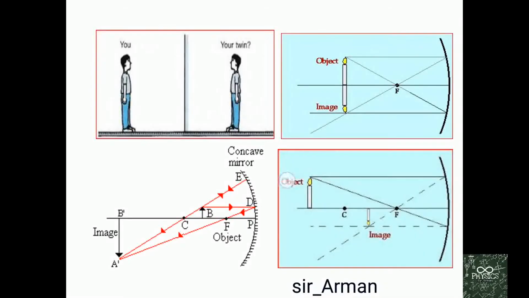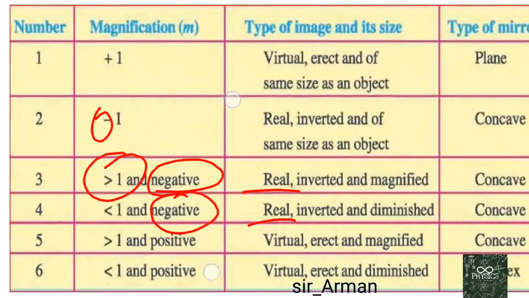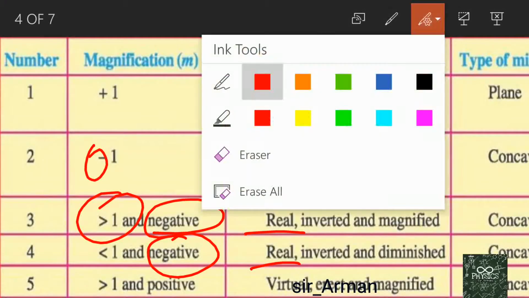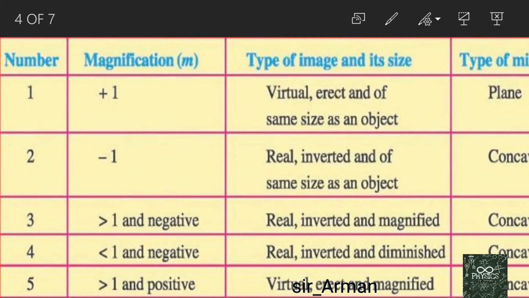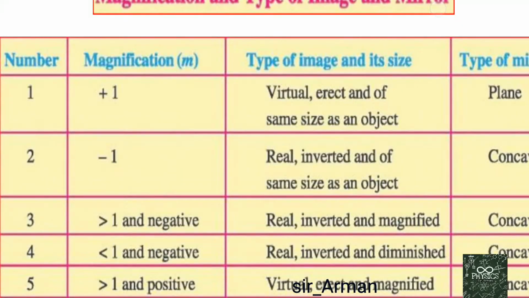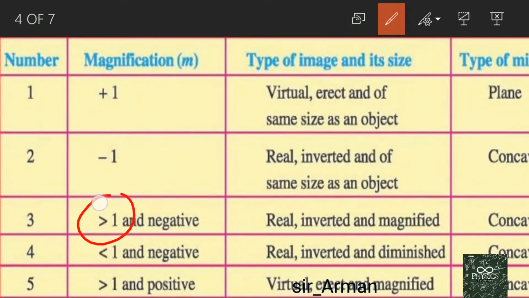It is larger than 1. See, if we ignore the negative sign, the magnification is greater than 1, right? Greater than 1 indicates the image is larger compared to the size of the object, and the negative sign indicates the image is real because we have obtained it on the screen, not in the mirror, and it was inverted.